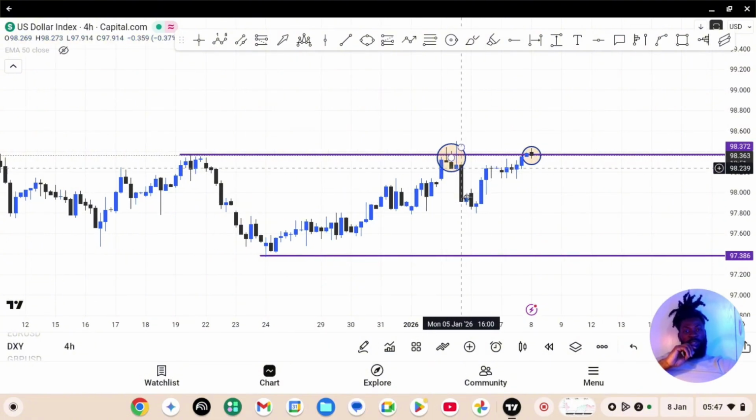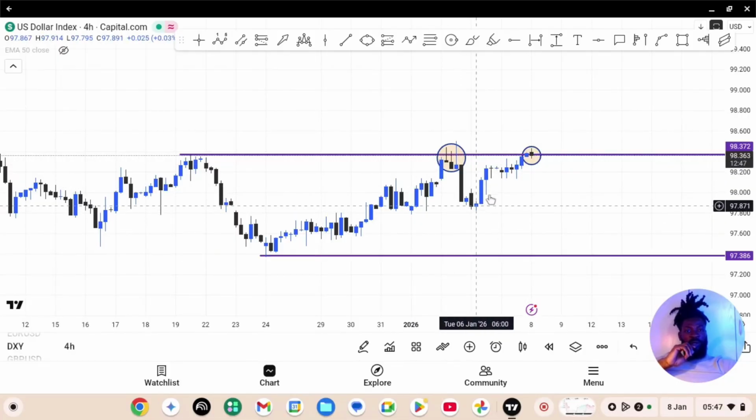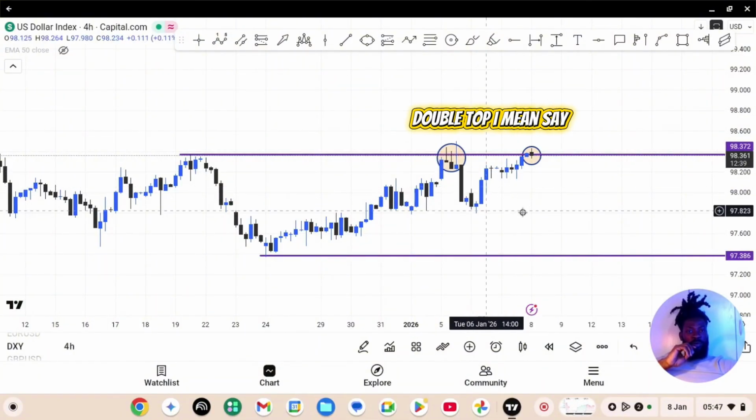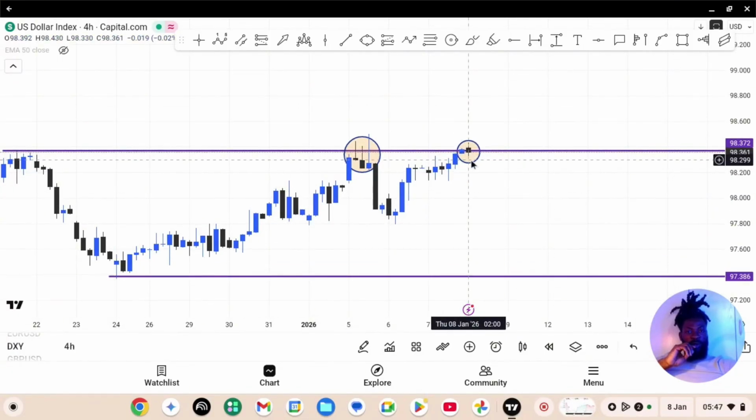But I can't take this trade because the gap is too much. I'll wait for the market to pull back to that same resistance to give me some pattern, like a double bottom if possible.